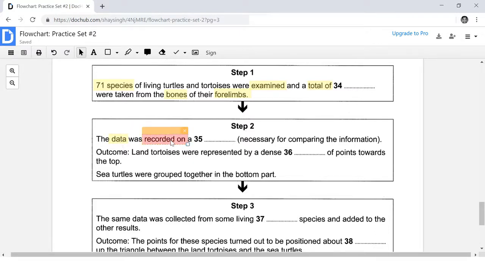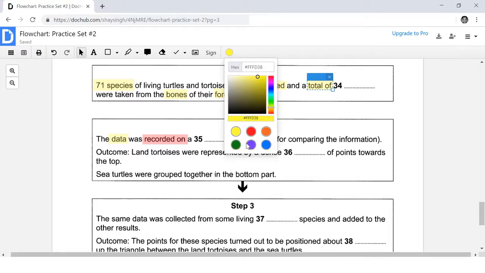Data was recorded on what? On what? So probably going to be some sort of a noun. Here we have a total of what? So it's probably going to be some sort of a number maybe, since we're talking about 71 species and a total of what were taken. A total of something, perhaps a number in association with something else. So that is the specific information that we are looking for here.